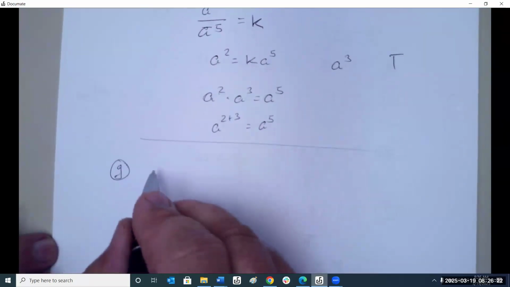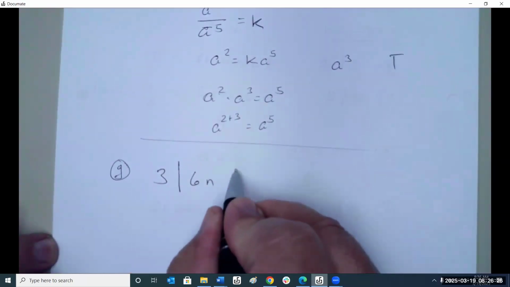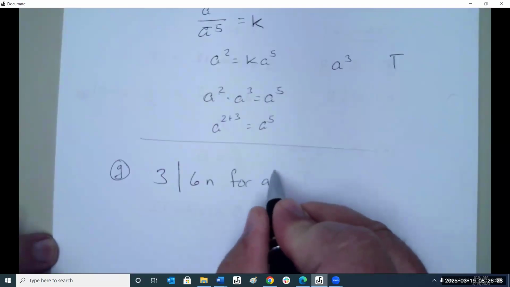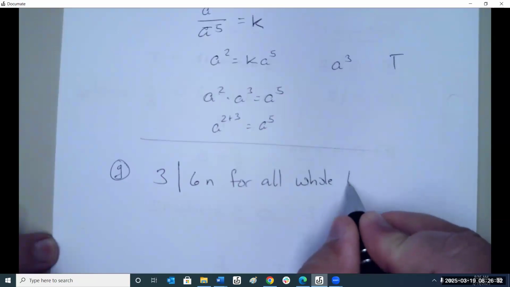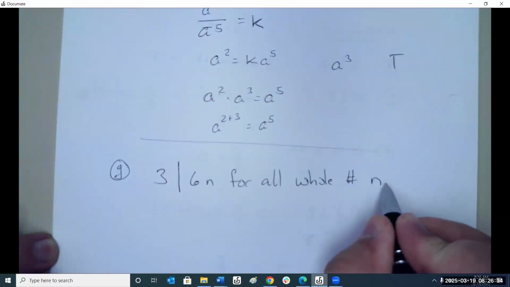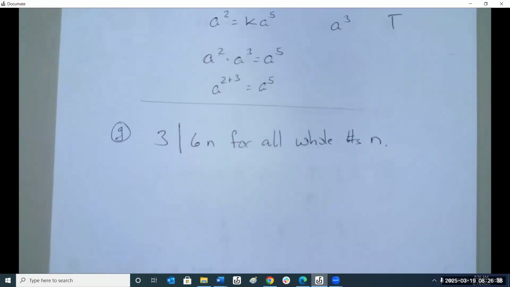G. 3 goes into 6n for all whole numbers n. What do y'all think?